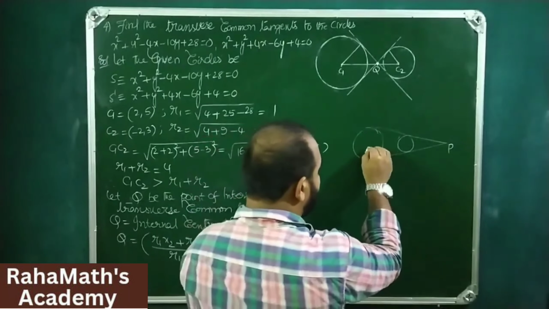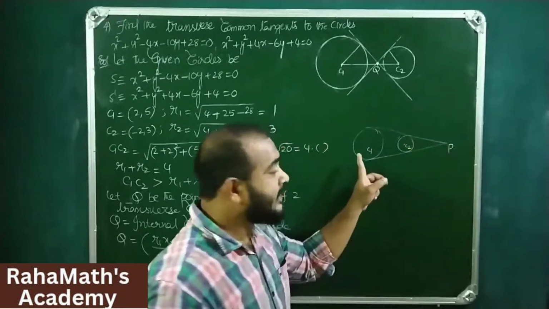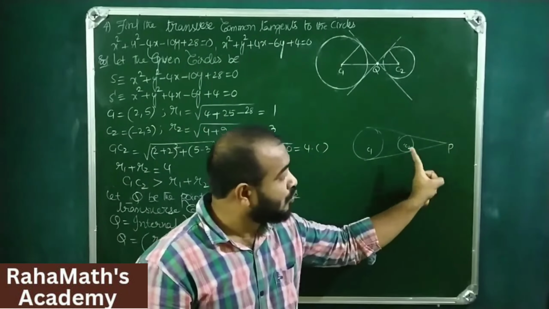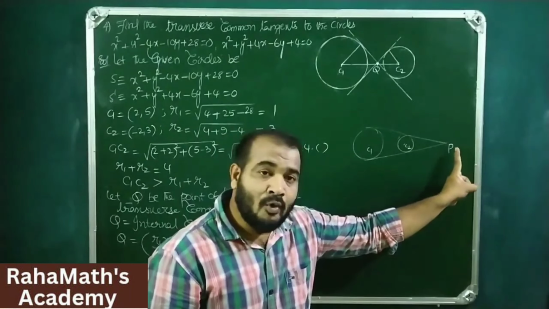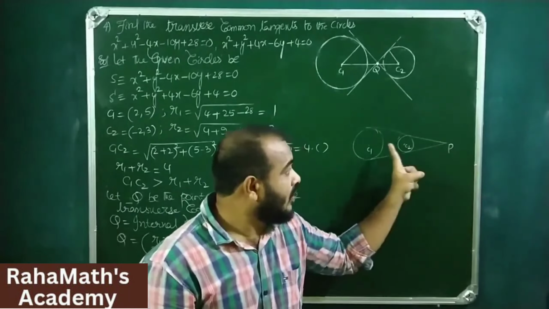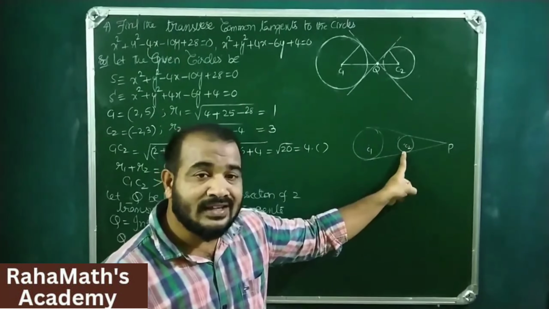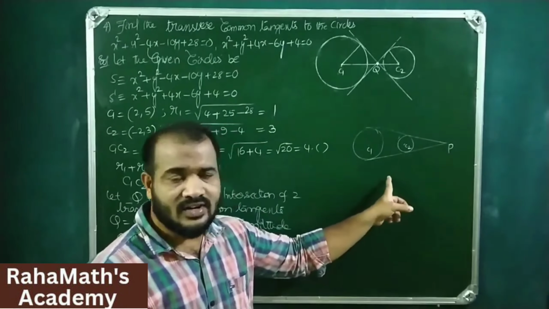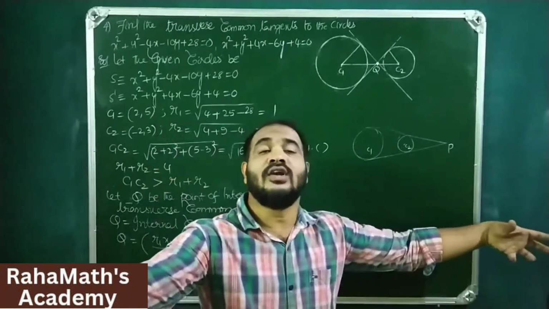So this is C1, C2. The line joining the centers C1, C2, the point of intersection of the direct common tangents (external center of similitude), and the point of intersection of the transverse common tangents (internal center of similitude) are all collinear points.